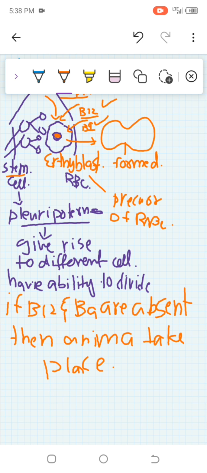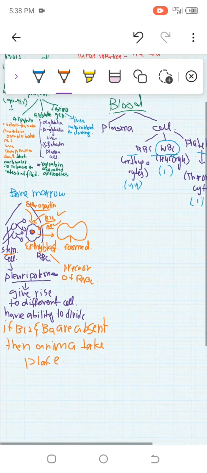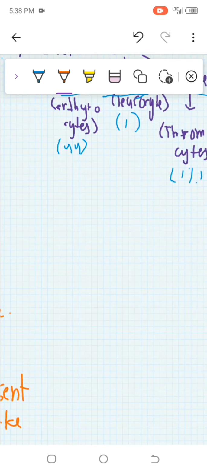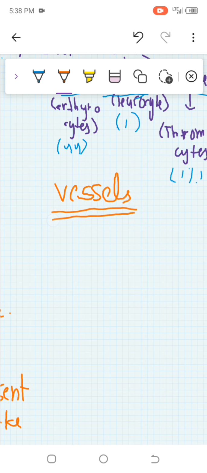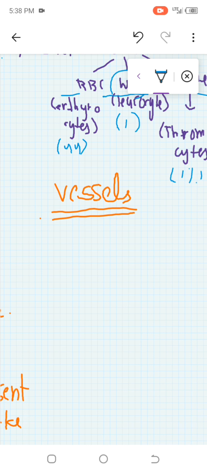Fine. Now let's talk about the vessels, which is our second component. Vessels are basically tube-like structures through which blood moves.